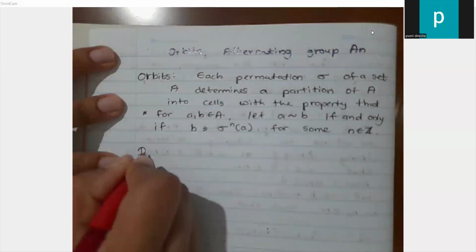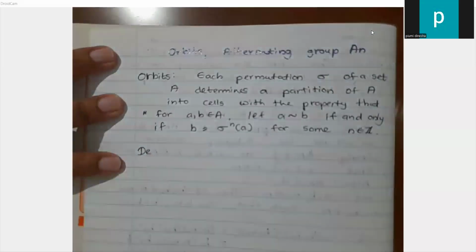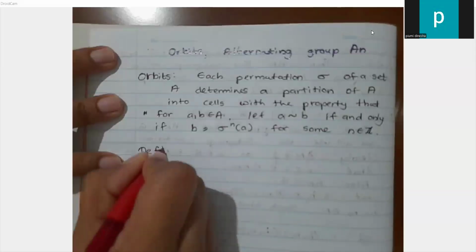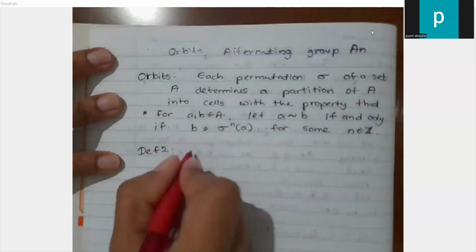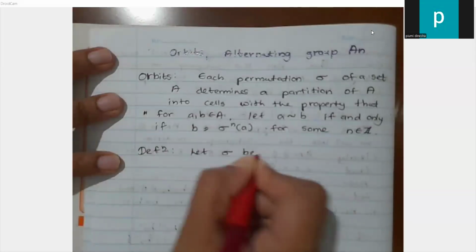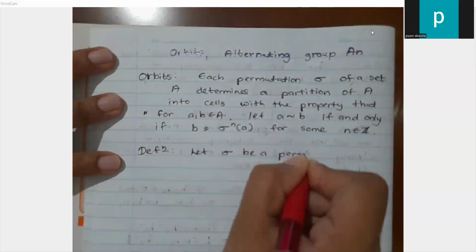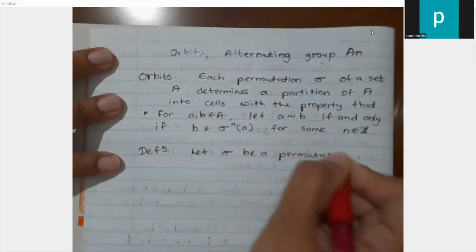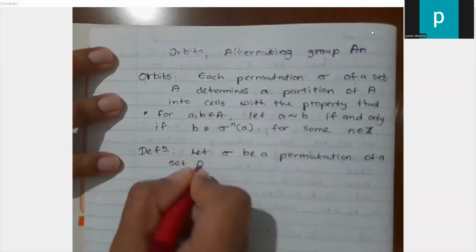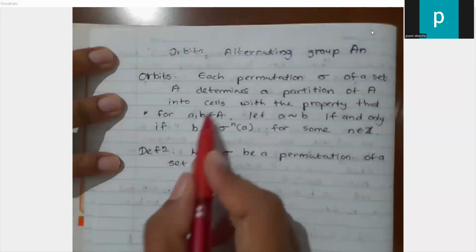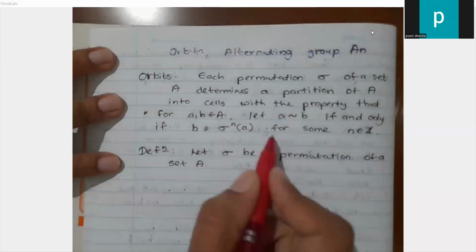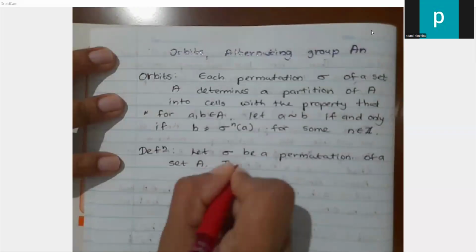With this, let's define an orbit for a given permutation sigma. Definition: let sigma be a permutation of a set A. The equivalence relation, which is given over here, right?